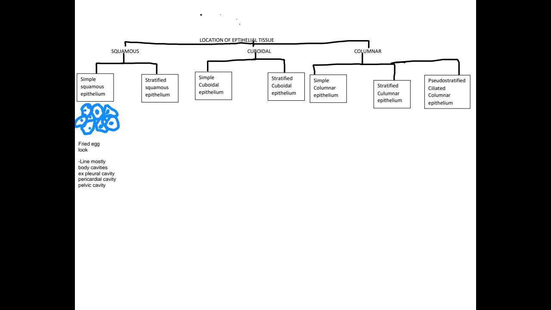The extreme bottom would be your rectum, your anus, and the vagina. That's how I make it easy to remember. Just think, it's found in extreme ends of the body.